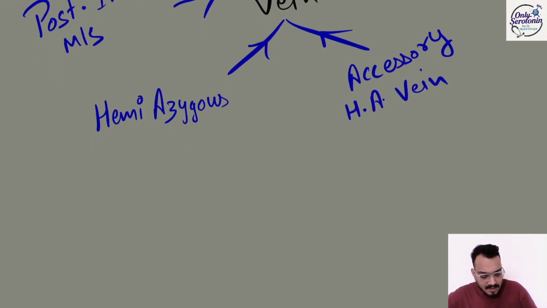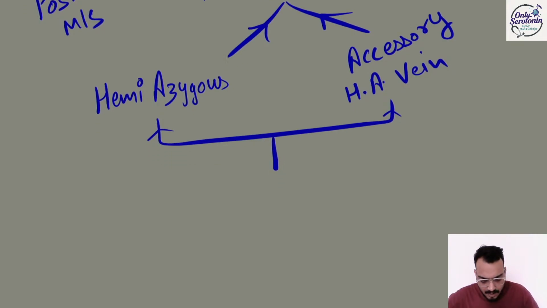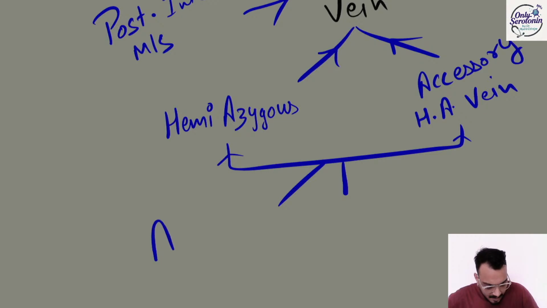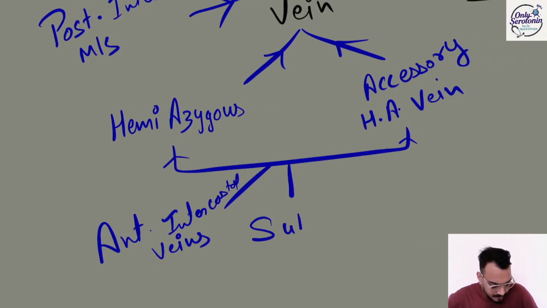Then, guys, the hemiazygous and accessory hemiazygous veins are both contributed to by what? They are contributed by the anterior intercostal veins as well as the subcostal veins.